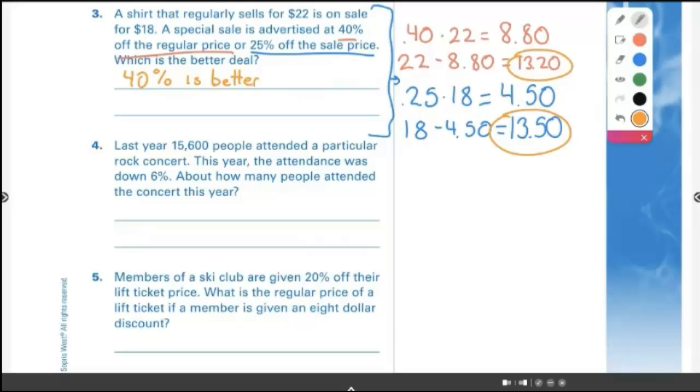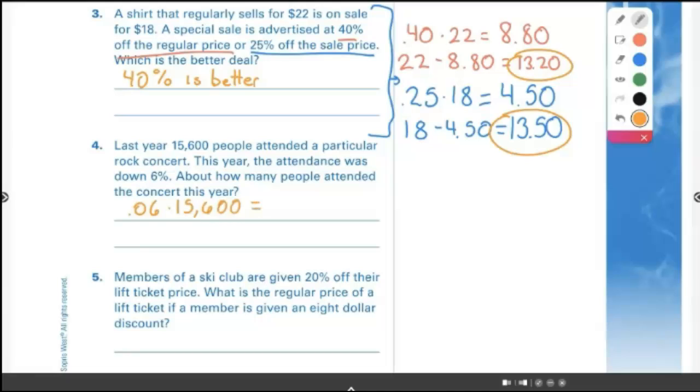Number 4, last year, 15,600 people attended a particular rock concert. This year, the attendance was down 6%. About how many people attended the concert this year? All right. So what is 6% of 15,600?